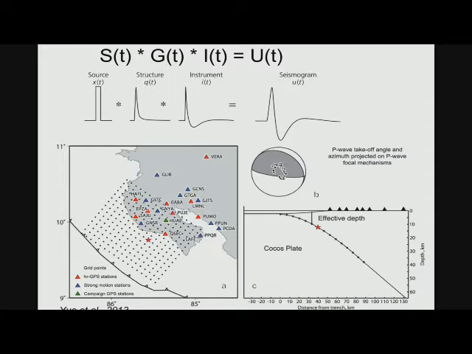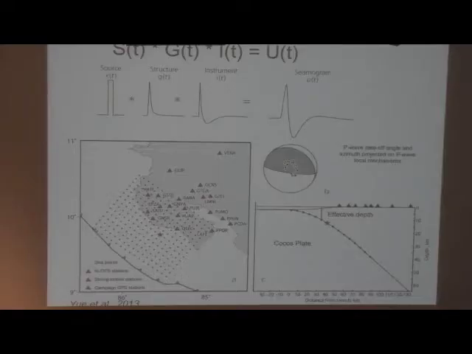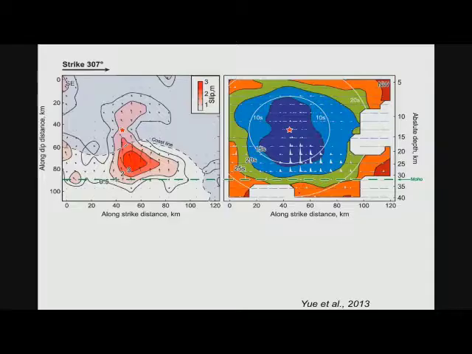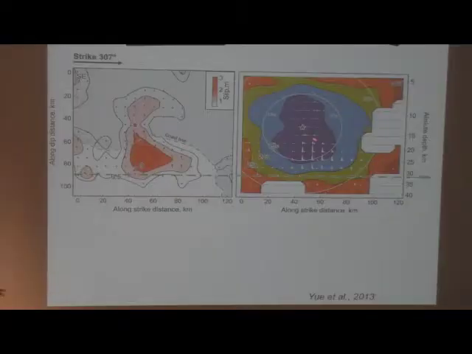We can then invert at each of those points for the source time function and obtain something like this. The coastline is over here, but this is showing that at most of these grid points we don't have any moment release or any slip occurring, and we see that we have higher amplitude in this region.